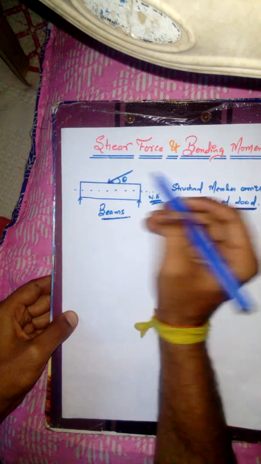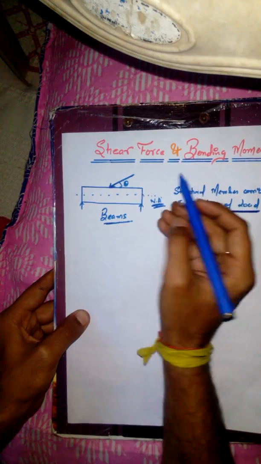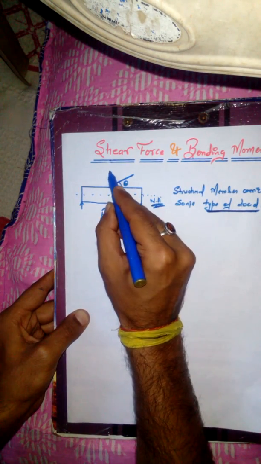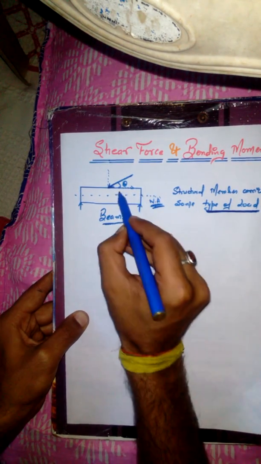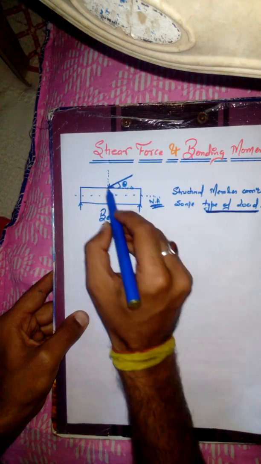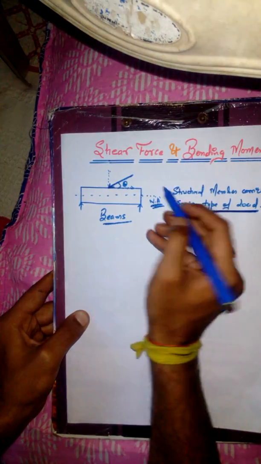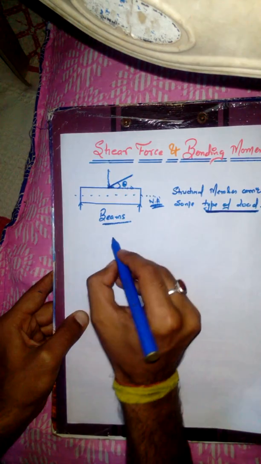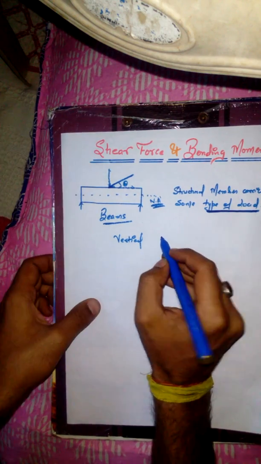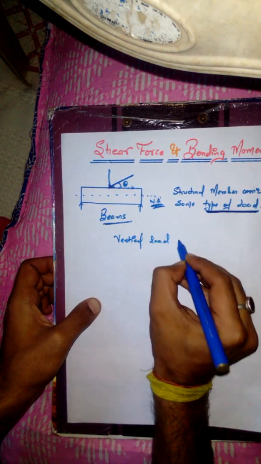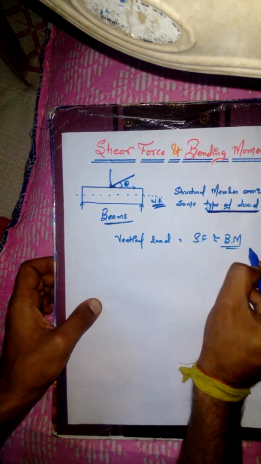The third case is if the load is inclined at some angle, let it be theta, and the direction of the load is downward. So this load may be resolved into two components, that is the vertical component and the horizontal component through the beam. The horizontal component is parallel to the neutral axis and the vertical load is perpendicular to the neutral axis. The vertical load, that is the load in the downward direction, gives us the shear force and the bending moment of the beam.